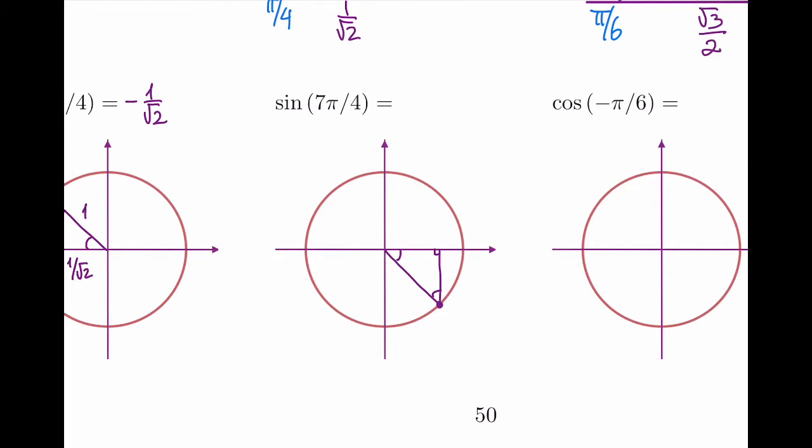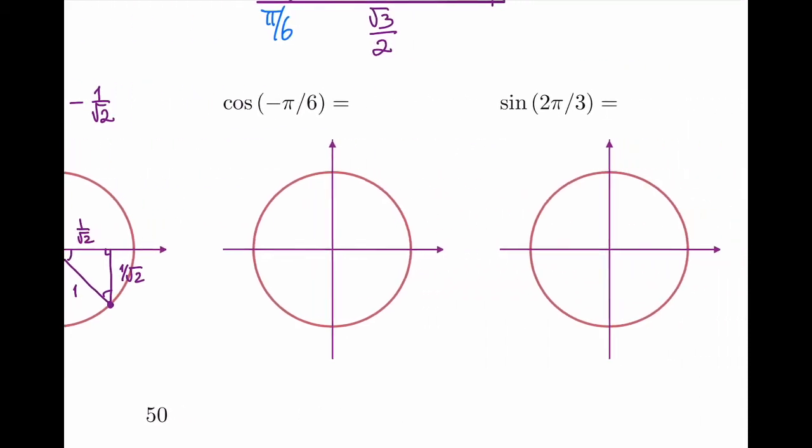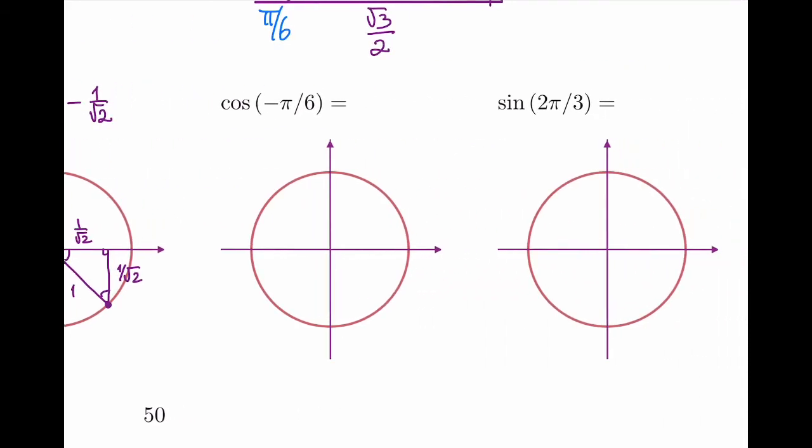And so this is 1, 1/√2, 1/√2. I'm asked for the sine value, which means the y-coordinate of this point. The y-coordinate is this length right here, but I can see that it's on the negative side. So in this case, it's also going to be minus 1/√2.